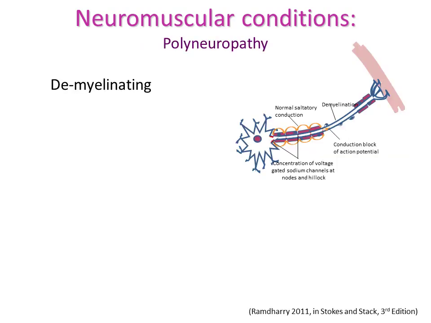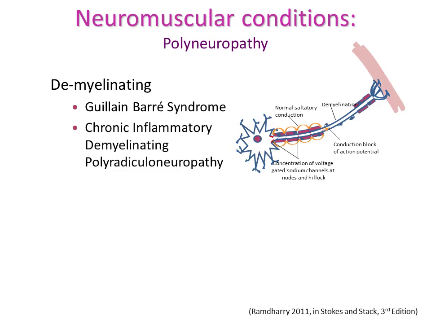So if we look at examples of demyelinating polyneuropathies, so this is where the myelin is stripped back off the axon. One example of a demyelinating polyneuropathy is Guillain-Barré syndrome. Another type is chronic inflammatory demyelinating polyradicular neuropathy, or CIDP.